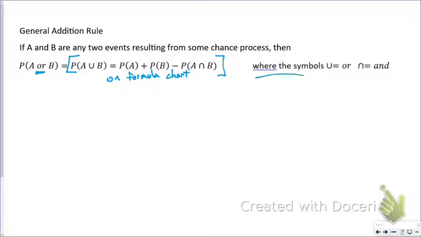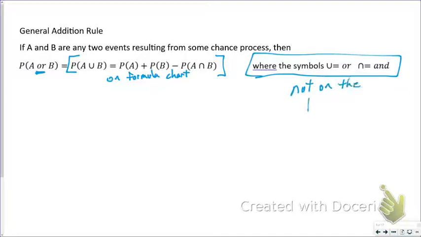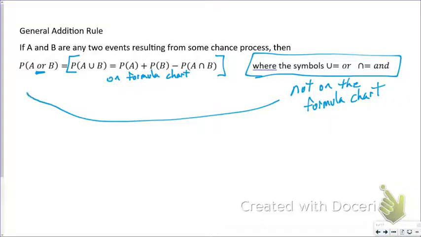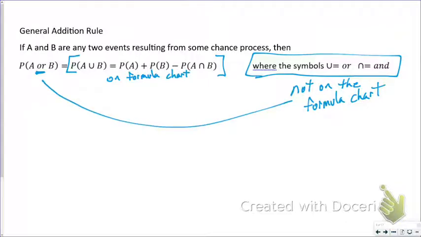This is not on the formula chart. And neither is this. Oh, I messed up there. All right, so they don't tell you what "or" is or what "and" is. You got to have that memorized, or you can write it on your formula chart for now.